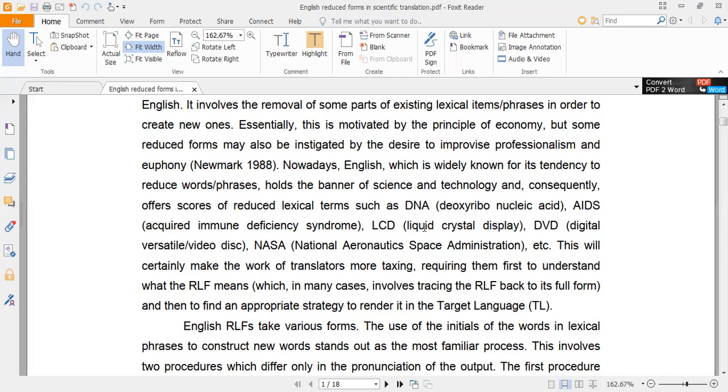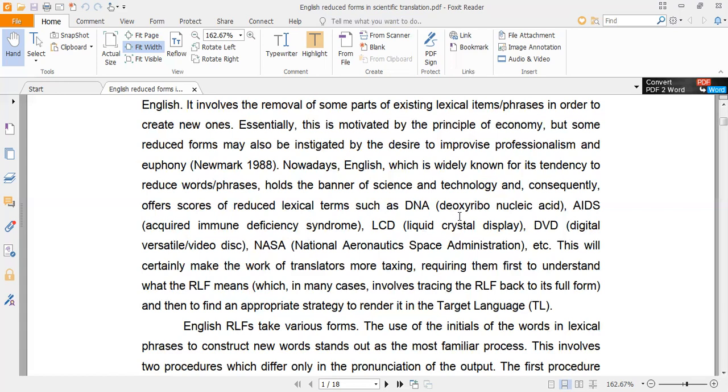So we have omission. Reduction means omission, removal of certain parts, and we form a new vocabulary or a new item which is similar to the original one.